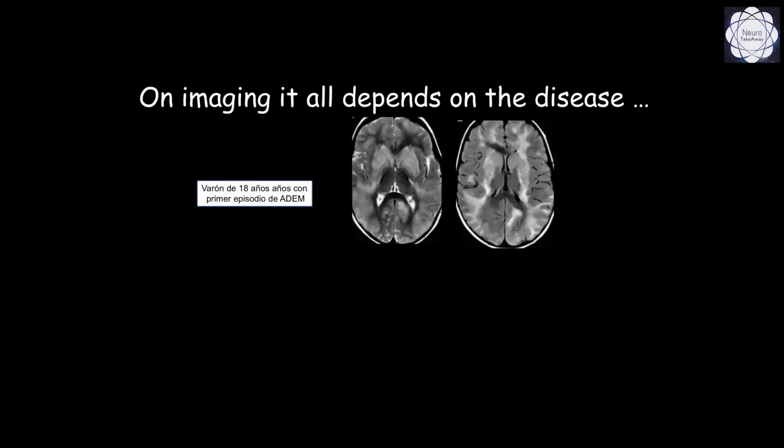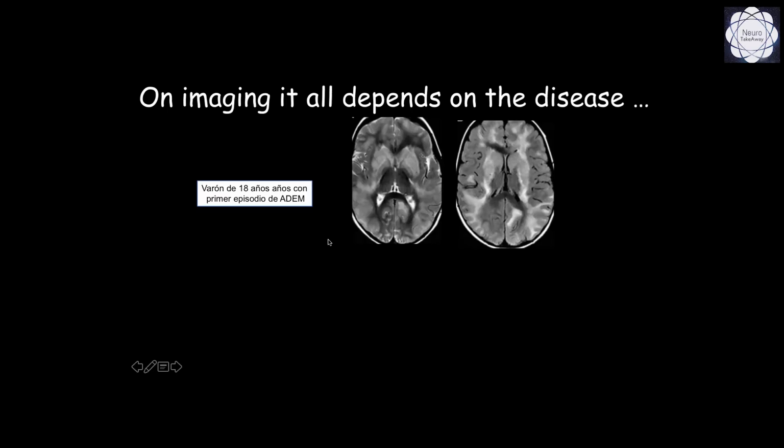And regarding imaging, we have to think that imaging is not directly related with aggressiveness. I mean, the pattern may be misleading, and it all depends on the type of disorder. For example, here we have an 18-year-old teenager with a first episode of ADEM.